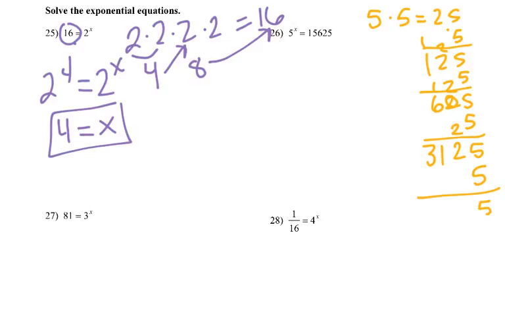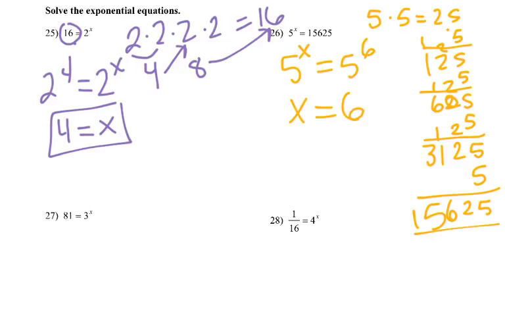And we get 15,625. And there we go. So how many times did we multiply by 5? 1, 2, 3, 4, 5, 6. So 5 to the x would equal 5 to the 6th, which tells us x equals 6.